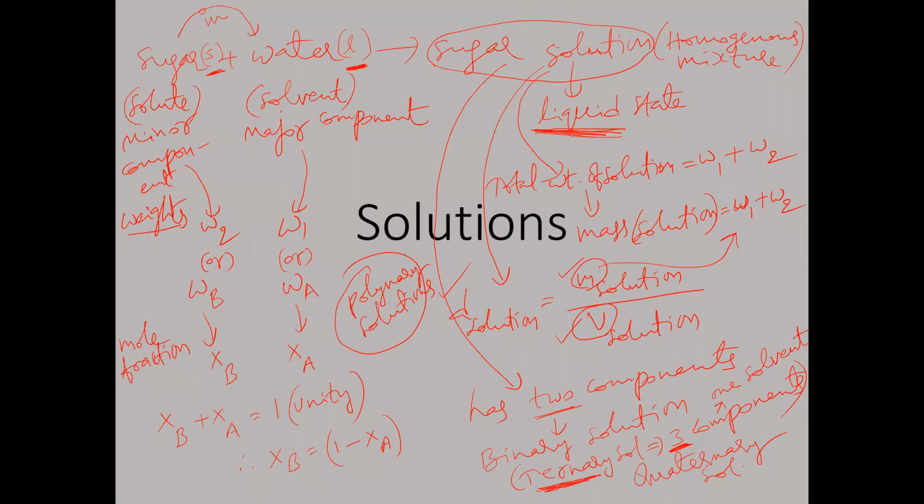Suppose you take sugar solution with some salt. The salt and sugar both act as solute particles, and water acts as solvent. So the number of solvents will always be 1, but the solutes may be 1 or 2 or more. That point we have to keep in mind.